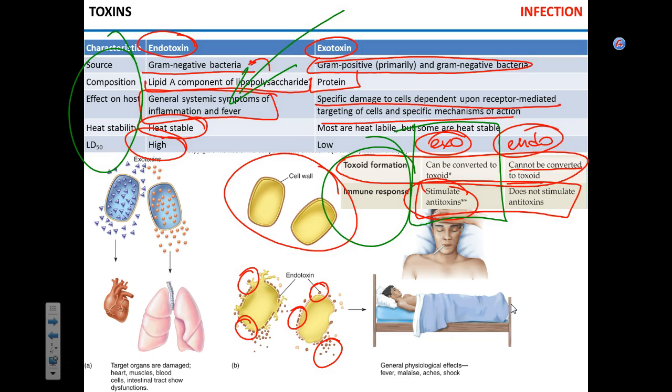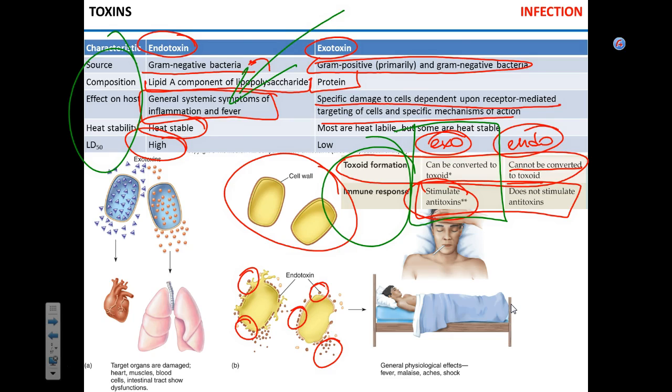If I tell you exotoxin causes non-specific generalized immune response with fever and malaise, you tell me that's false. Does that make sense? So I have to match the statement and the type of toxin.